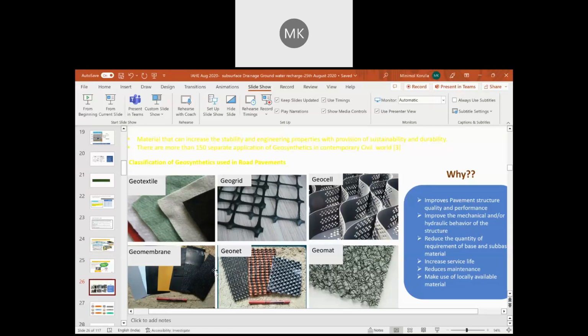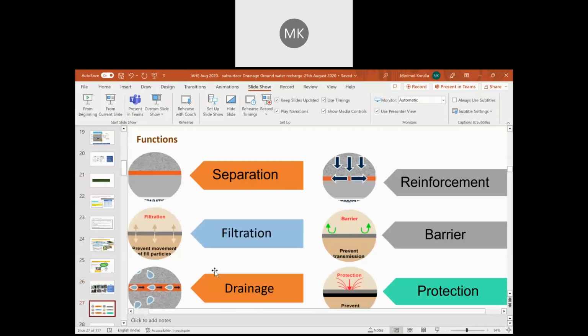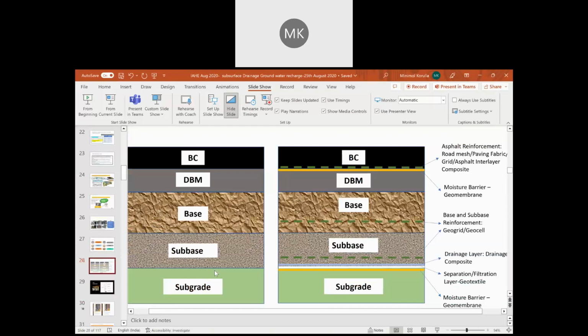The water can penetrate from the layers below the pavement layers, or it can infiltrate from the surface water too. So we may have to think of both the sources, then only we will be able to control the sources of moisture in lower layers of pavement.